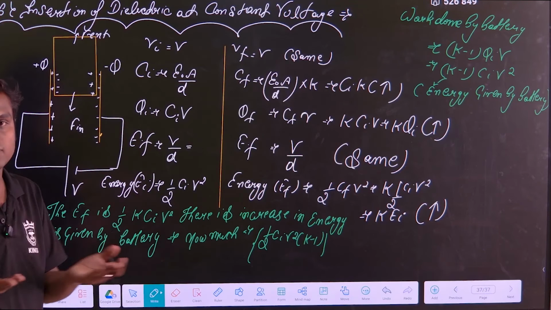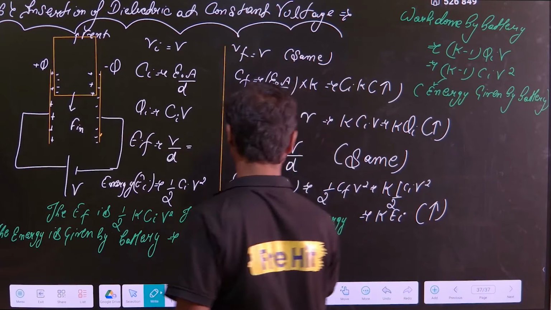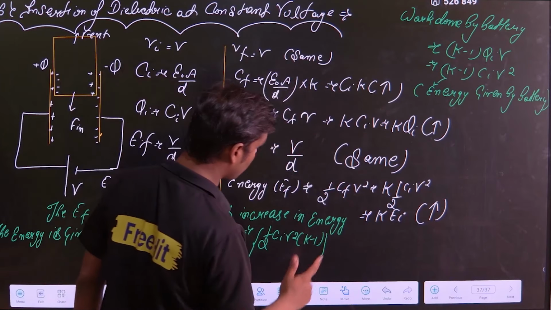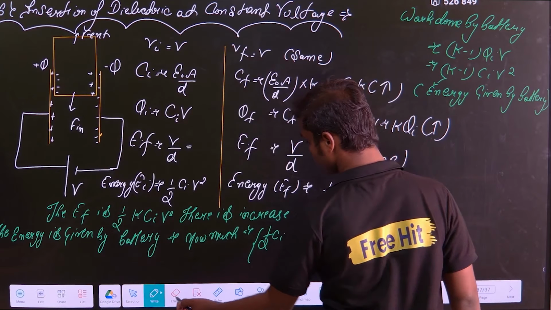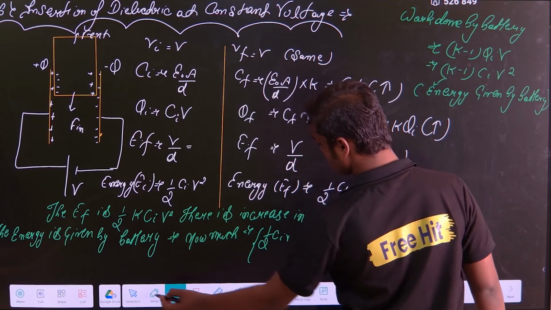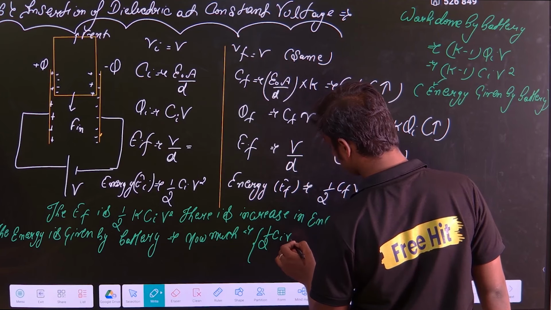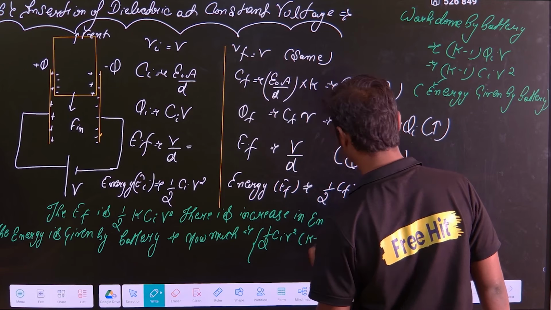Where has that half of the energy gone? See, this energy is given, but only half is there. My question is, where has the other half of the energy gone?